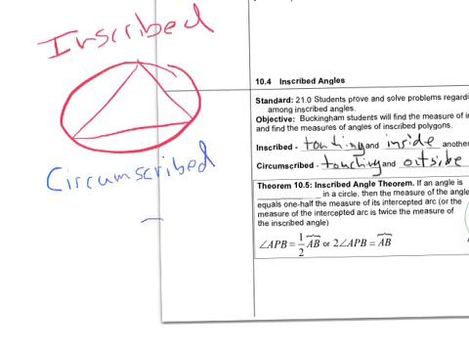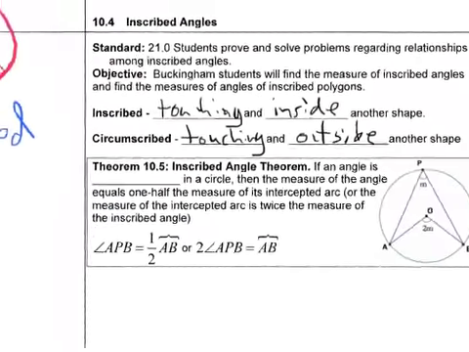Now I have a circle and I have a triangle that is circumscribed about that circle. I know my drawings are not perfect, but now I have a triangle that goes on the outside of this circle, and here I had a triangle on the inside. So inscribed is inside, circumscribed is outside. Okay, those are the basic definitions that you just need to get down.